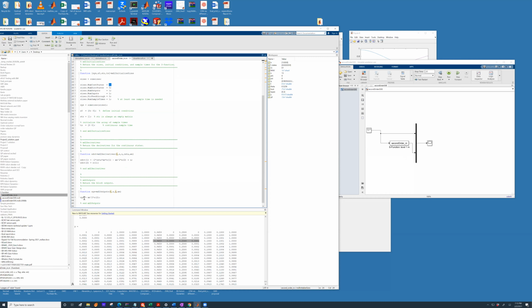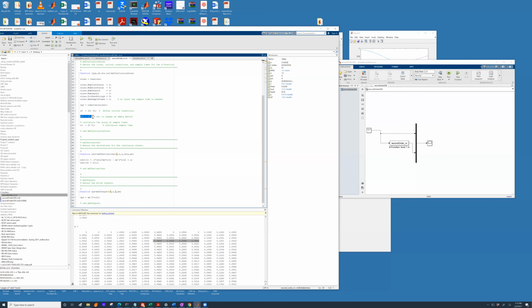In this differential equation, I just have one output. That's why the number of outputs is 1. Basically you will also have the number of inputs, which you will have to supply, and then you will have to supply the sample time. It says just one sample time. You will supply the initial conditions.